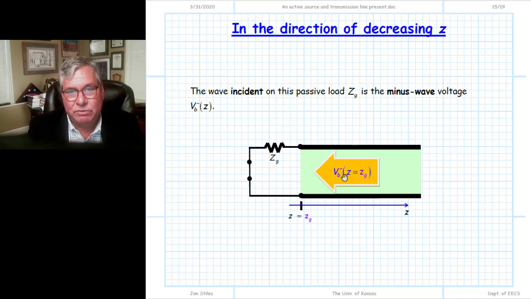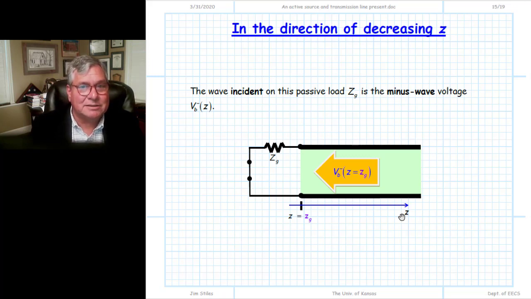And so we have to think through the results we got for a terminated transmission line. To what extent were those results associated with an incident wave and a reflected wave, and to what extent were they associated with a plus wave and a minus wave? Well, hopefully we know the answer, because the index that we set up, what we call plus and minus, depends on the direction of that index, which is purely a human artifact that we arbitrarily decided.